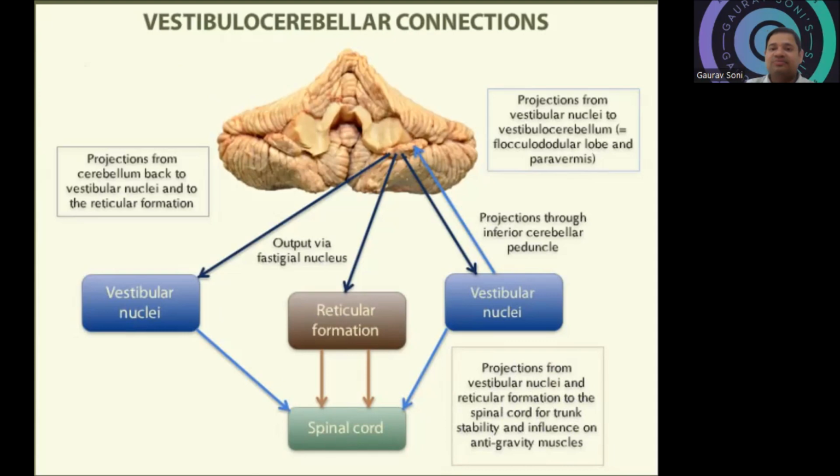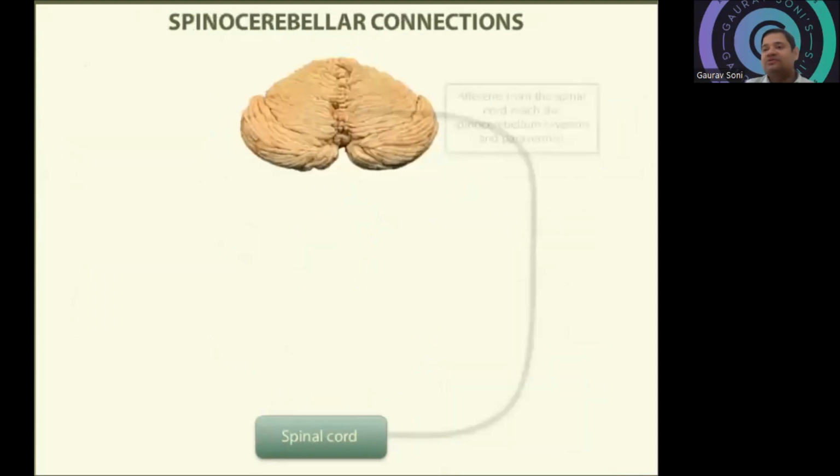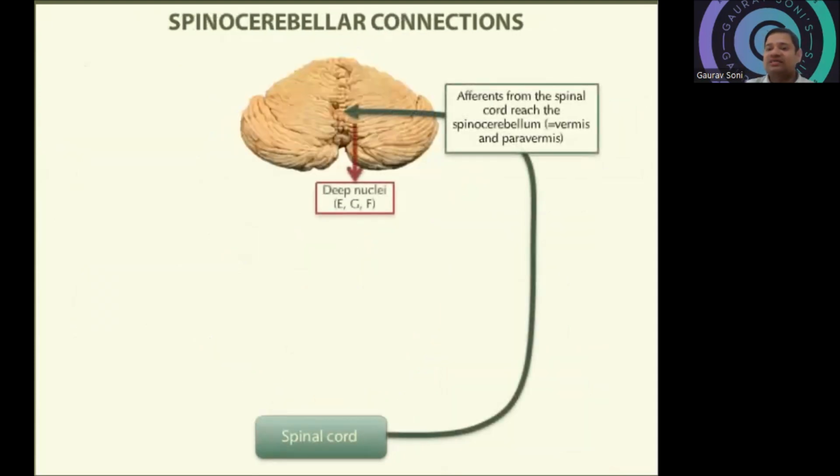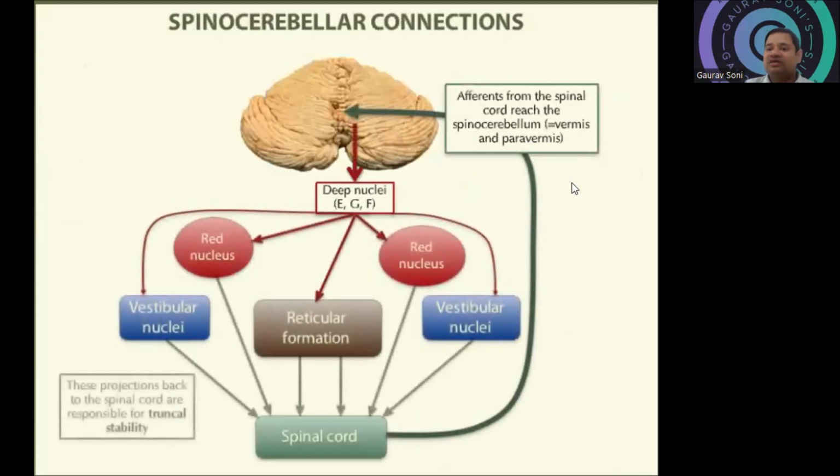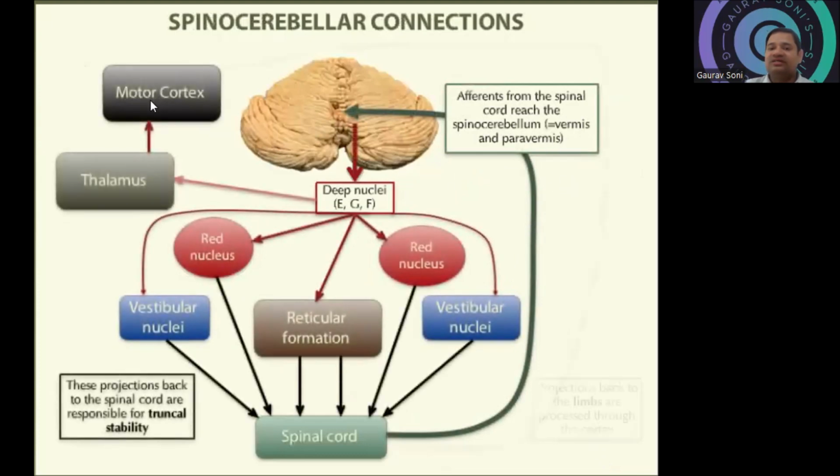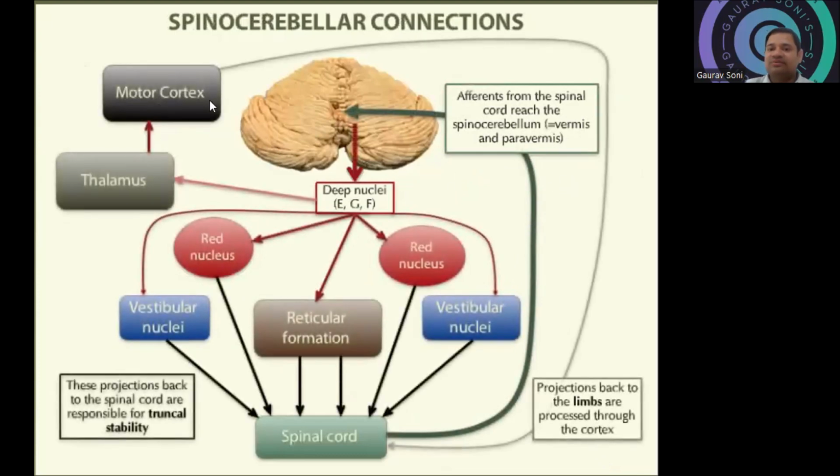Next will be spinocerebral. Spinocerebral, as you can recall, this was basically forward. As you can see, it will be coordinated for the motor cerebral cortex via the spinal cord. Then there will be the red nucleus, again the vestibular nuclei, and reticular formation. So these projections back to the spinal cord are responsible for the stability of the trunk.